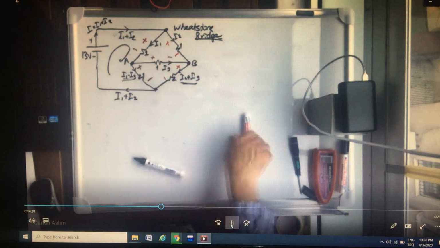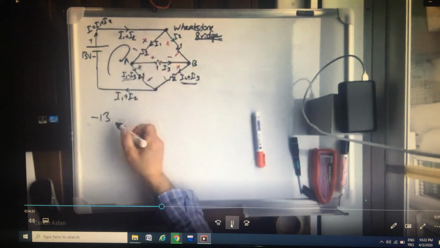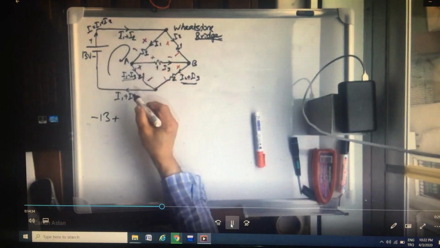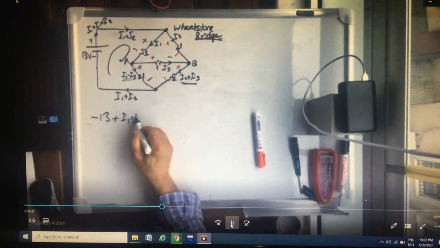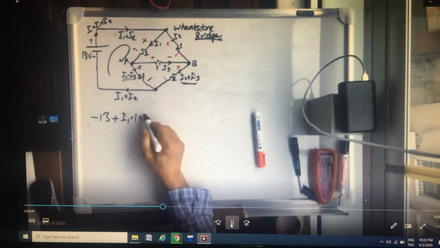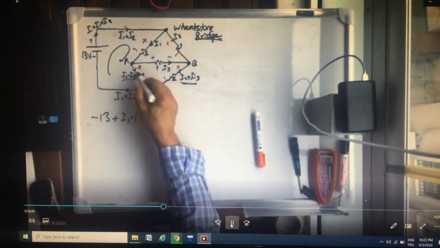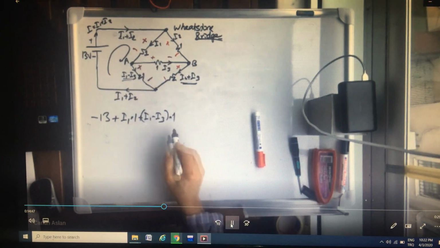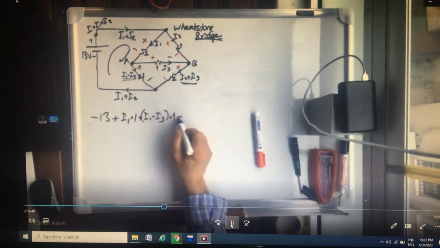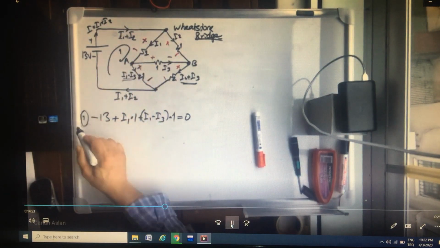So the first loop tells you minus 13, I'm writing, plus I1 times 1, which is just I1 times 1, let me write it down, and then plus I1 minus I3 times this resistance, which is 1, again. And then there is nothing else, equal to 0. So this is number 1 loop equation.